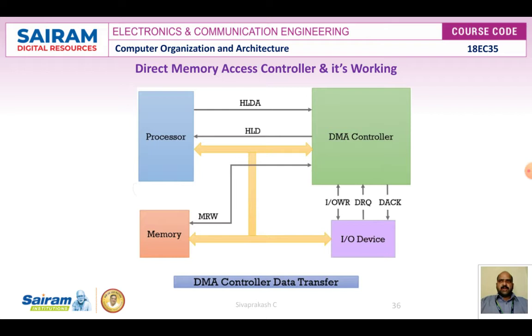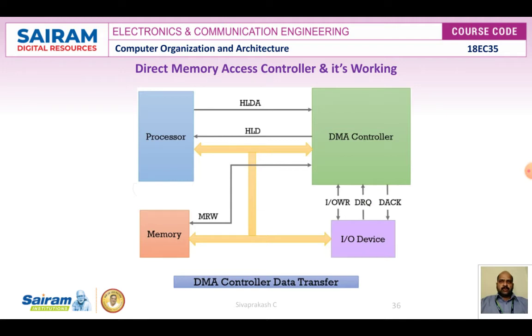The diagram shown is the DMA controller and its working. Whenever an IO device wants to transfer data to or from the memory, it sends a DMA request to the DMA controller through DRQ.